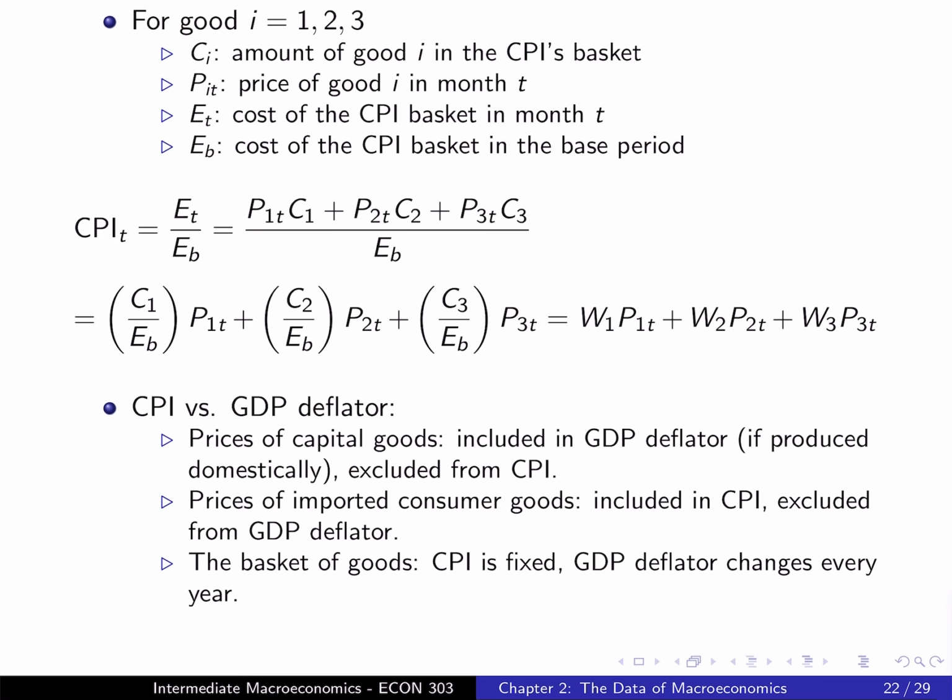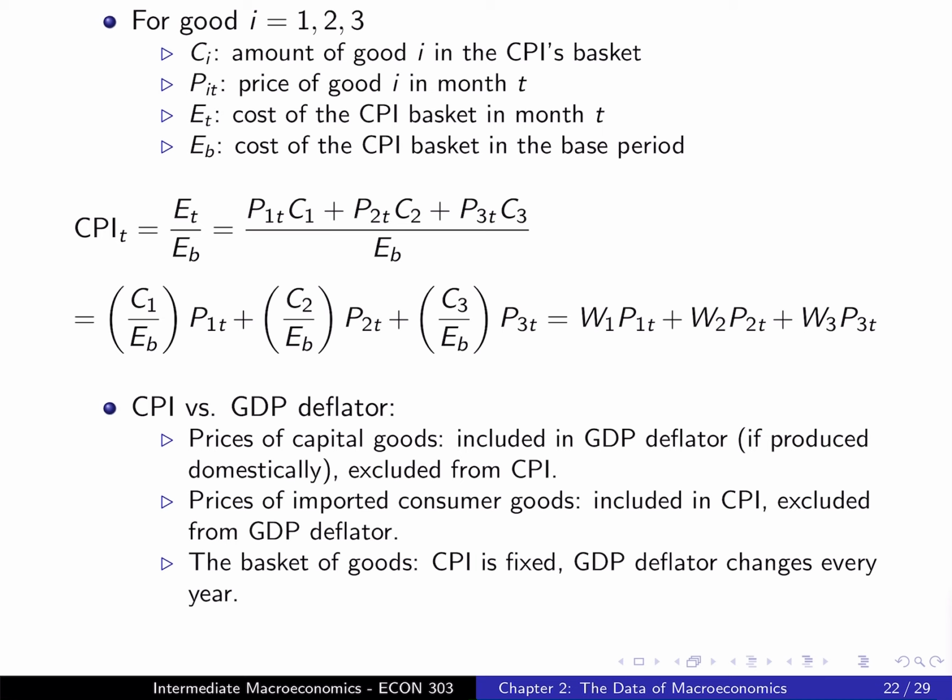So the CPI formula is CPIt equals Et over Eb. That equals P1t times C1 plus P2t times C2 plus P3t times C3, over Eb.